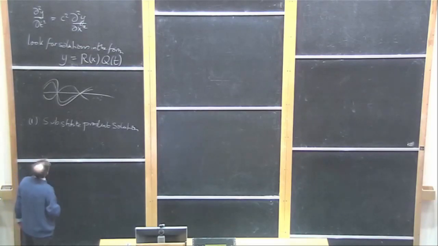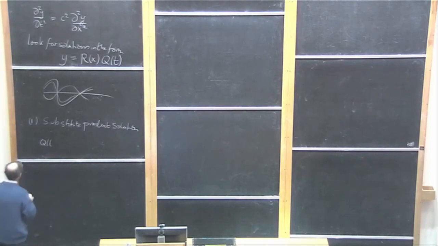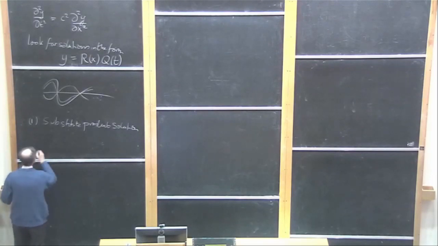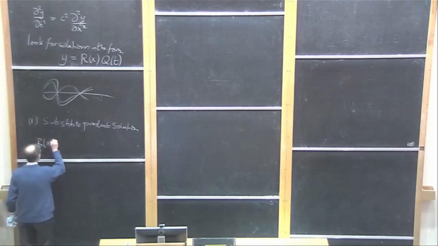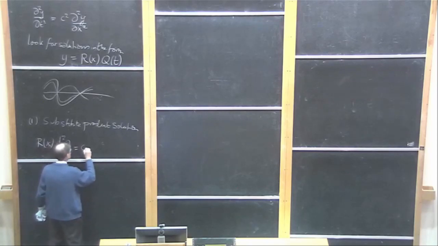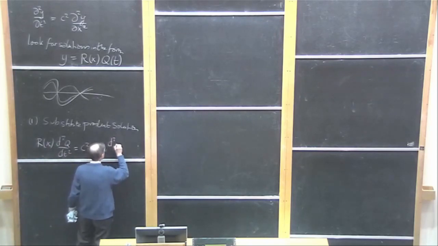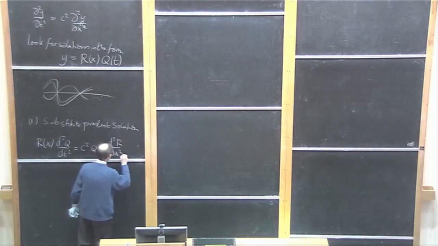So we substitute the product solution into the differential equation, and we get, with d2 by dt squared on the left, R of x d2Q by dt squared is c squared Q of t d2R by dx squared.